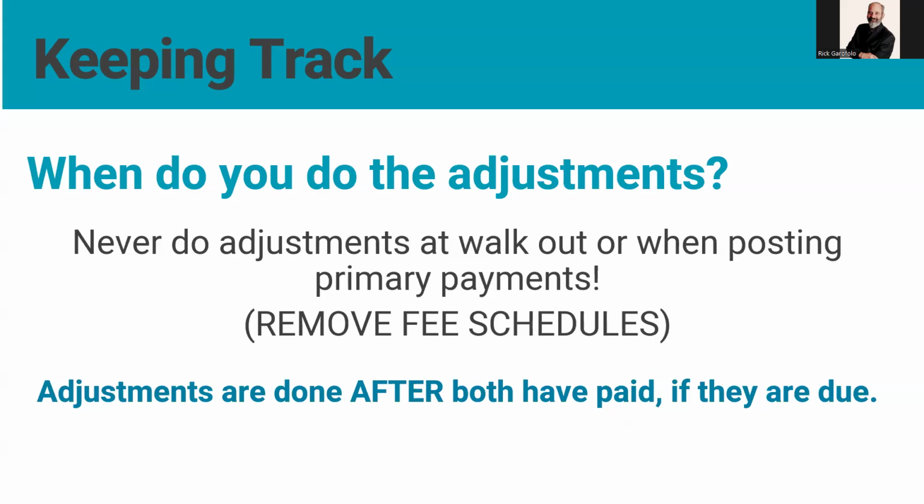I post my full fee. Remove those fee schedules that are linked to that plan. Post your full office fee on the ledger, just for patients with multiple plans. And then any adjustment that does have to be done, I do after both plans have made payment or at least processed the claim. So now the question becomes, how do we do that?